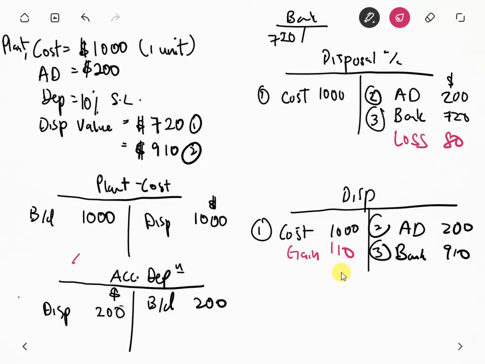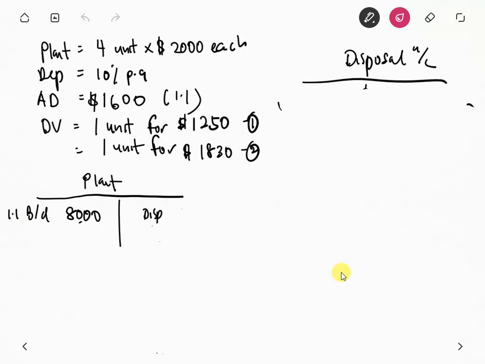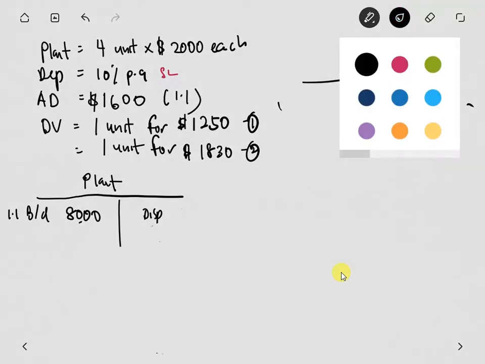So this example is on 1 asset. Next example. I have a plant, 4 units, 2,000 each. I purchase, and depreciation is 10% per annum on straight line basis. Accumulated on the 1st of January, 1,600.